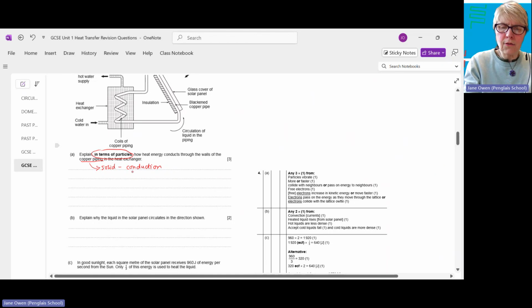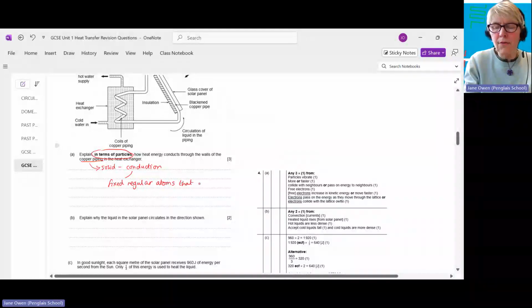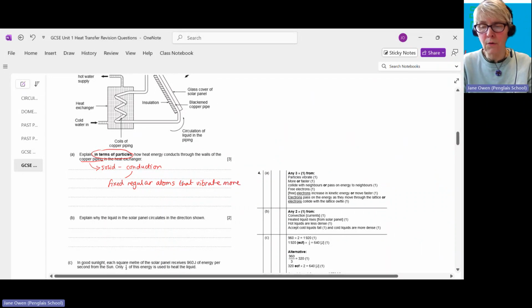So in conduction, you have got fixed, regular atoms that vibrate more. They're already vibrating. The only temperature they don't vibrate is at 0 Kelvin, at absolute zero.